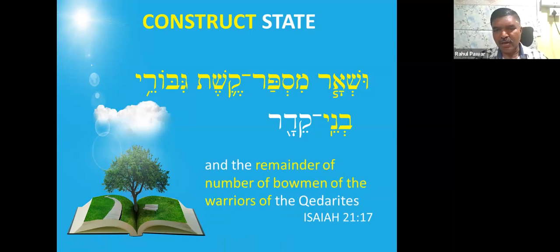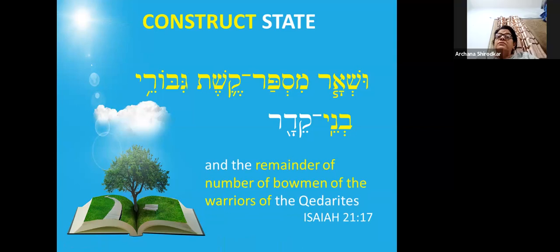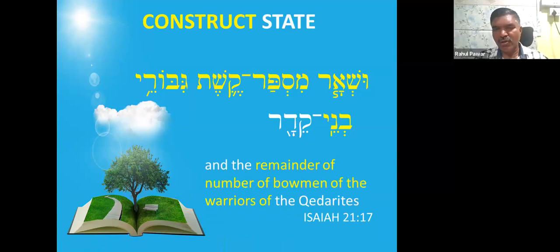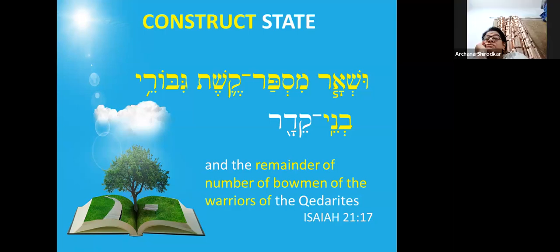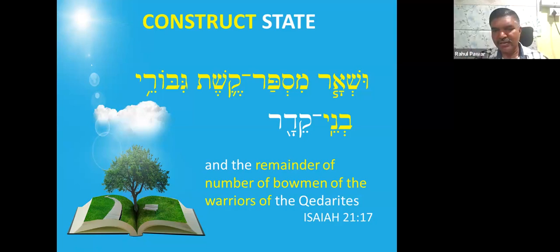Now you can see here all the yellow ones are in construct state, and after everything, that is Ushear, remainder, you can say of; Misfar, number of; Keshet is the bowman of; then Gibore Veni Kedar, that is warriors of the Kedarites, or the sons of Kedar.